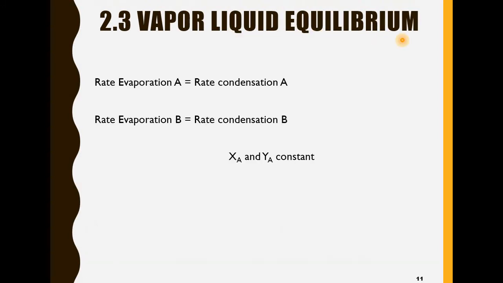So the rate of evaporation of A is equal to the rate of condensation of A, because they occur concurrently, simultaneously. Likewise, the rate of evaporation of B is equivalent to the rate of condensation of B. Bear in mind that x is the mole fraction of liquid and y is the mole fraction for gas. We maintain these terms from mass transfer chapter 1.